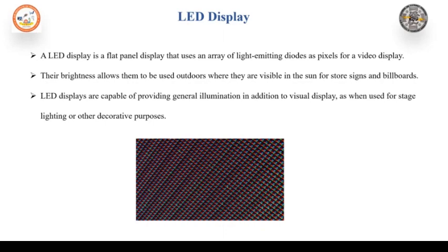LEDs can be manufactured to produce light of virtually any color, depending on the semiconductor, as I have discussed here. Some common compound semiconductors and the light they produce are colors such as amber, blue, green, red, yellow, and white.